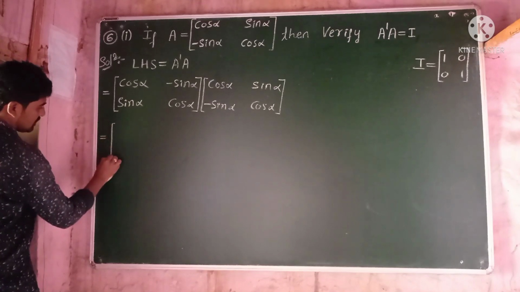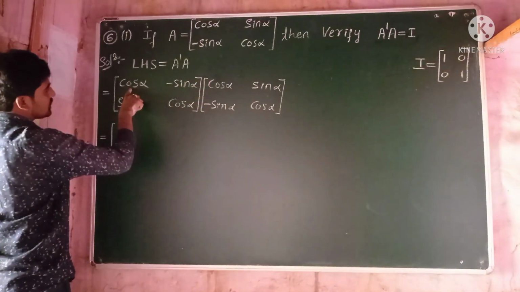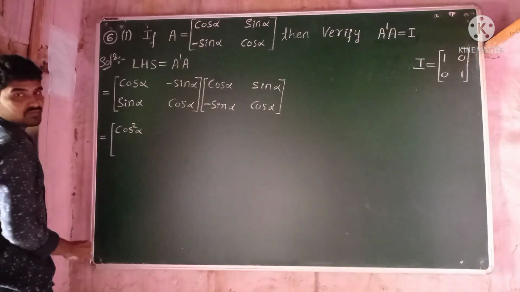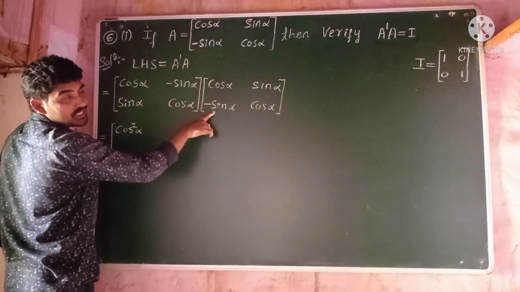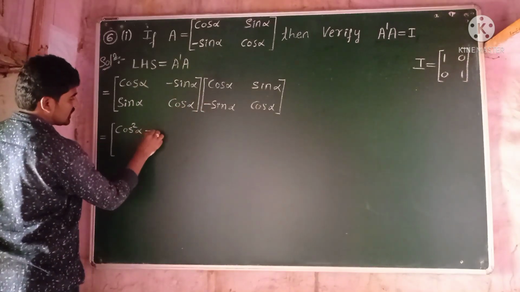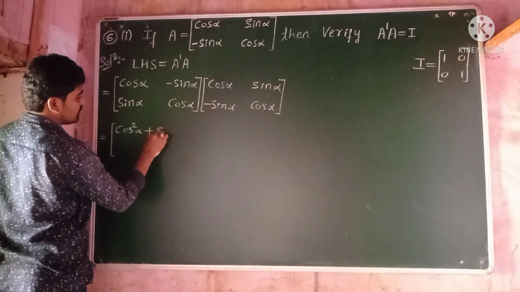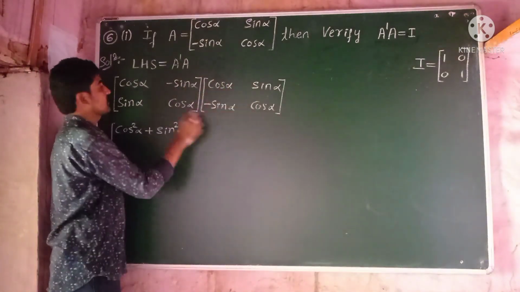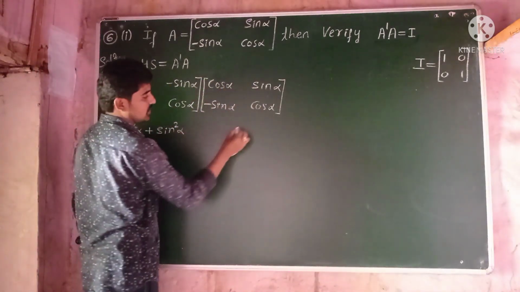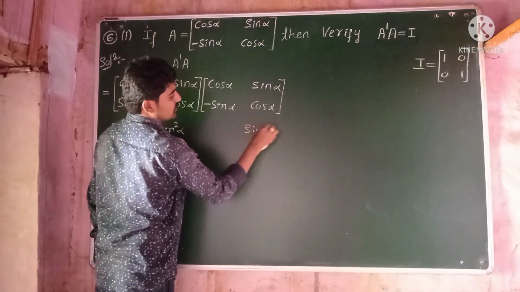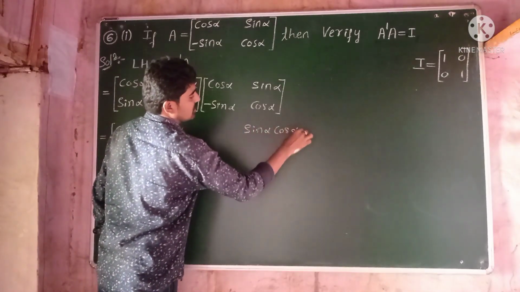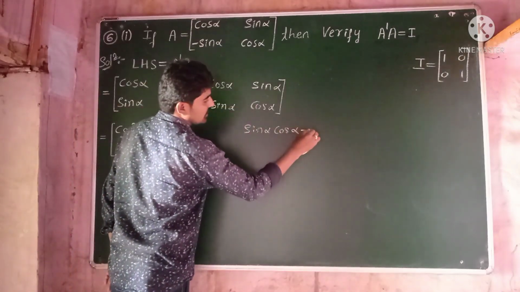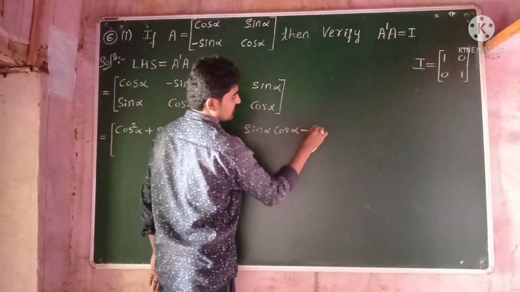is equal to: first row first column, cos alpha into cos alpha, cos square alpha, minus sin alpha into minus sin alpha, minus into minus plus, sin square alpha. First row second column, cos alpha into sin alpha, minus sin alpha into cos alpha.